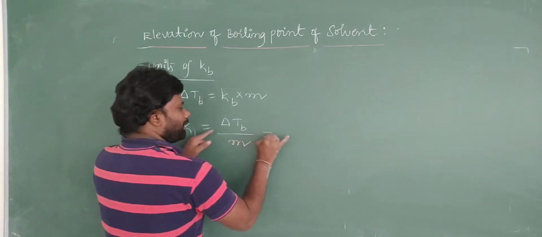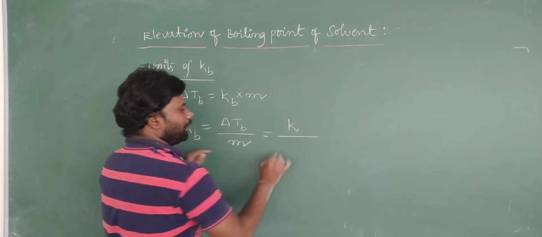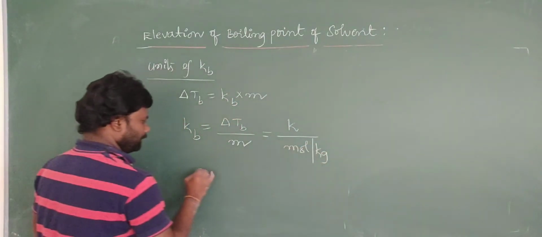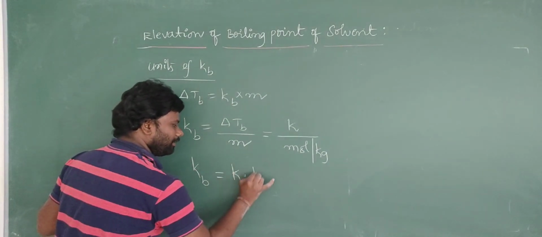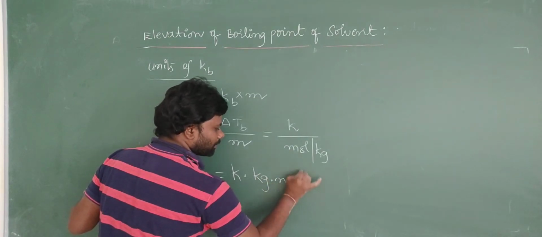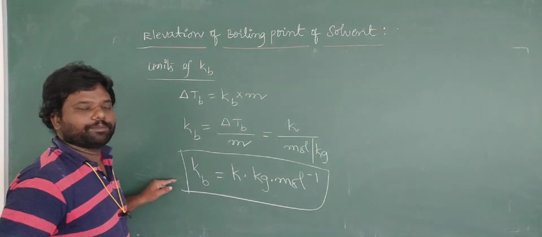The unit of delta TB is Kelvin, and the unit of molality is moles per kg. So the unit of Kb is Kelvin kg mole inverse.